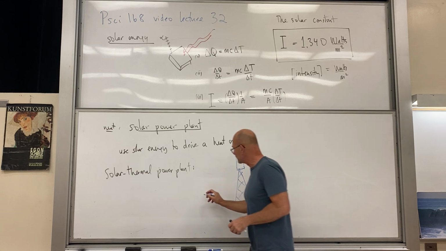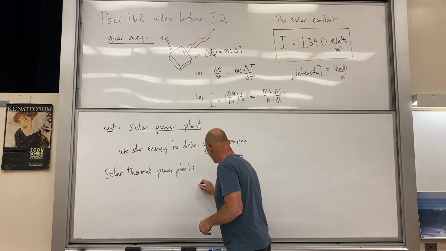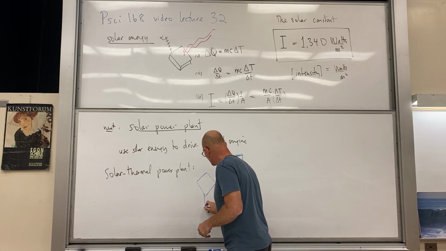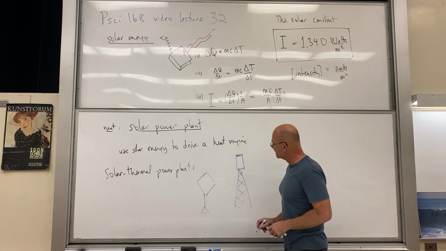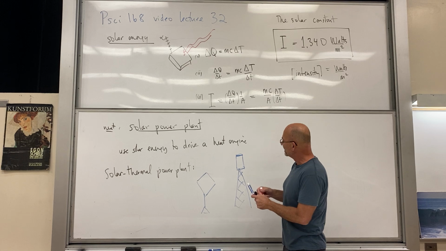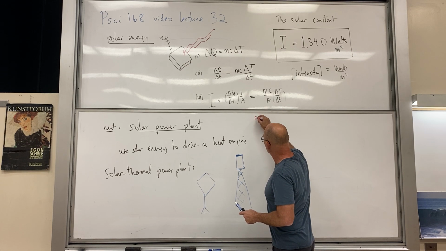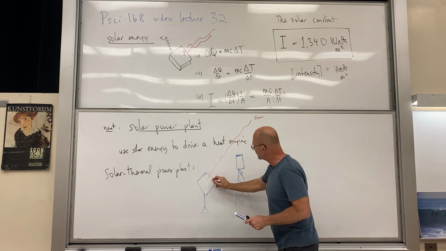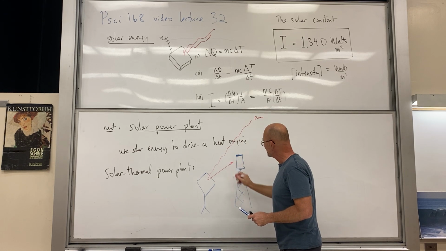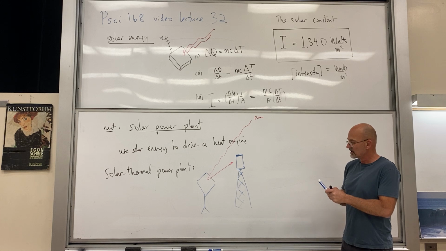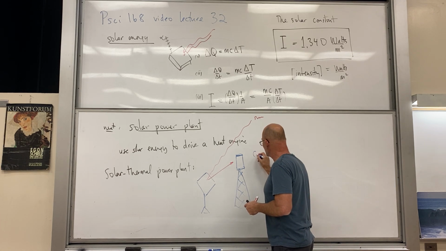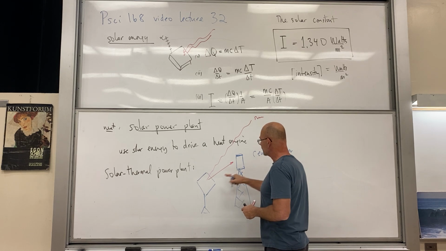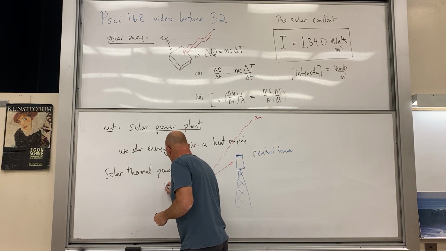I'll put a heliostat right here, and that is a big reflecting mirror. It's standing on the ground here, and solar energy comes in from the sun, and it is reflected onto the central tower. So this here is the central tower. This mirror here is called a heliostat.